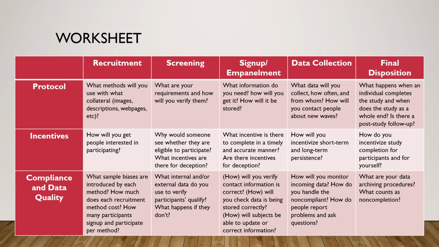These are the questions that you should answer when you're planning out your study, so that you can align the incentives to get the best data that you can at each of these stages, or at least understand the trade-offs when you're designing your study. I'm going to give you a copy of this with all the questions in it, and then a copy with no questions. That's really just meant for you to fill in for your particular study as you are designing it.